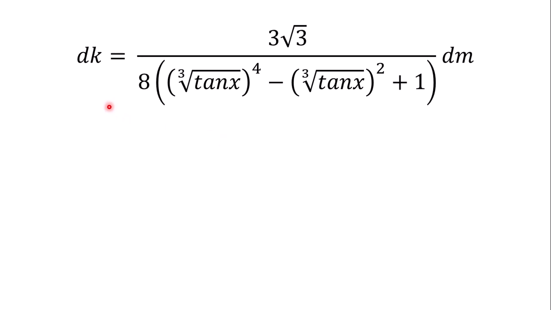Alright, so dk is equal to 3 root 3 over 8 into bracket cube root of tangent x to the power 4 minus cube root of tangent x to the power 2 plus 1 dm. But we already know what this dm is equal to, so there's no need for us to worry. But remember the other part, we had a particular denominator on this one, though something was attached, but we had this one as part of the answer to the A part.